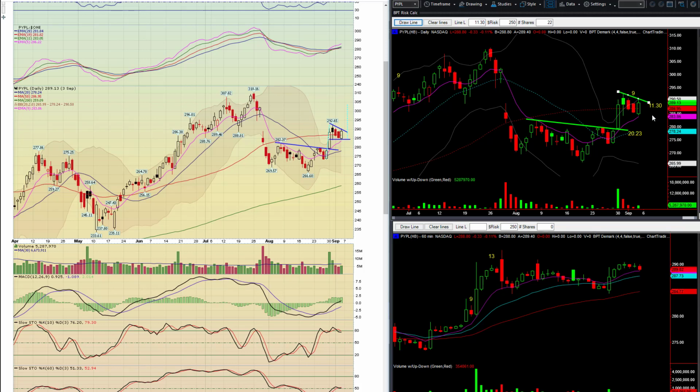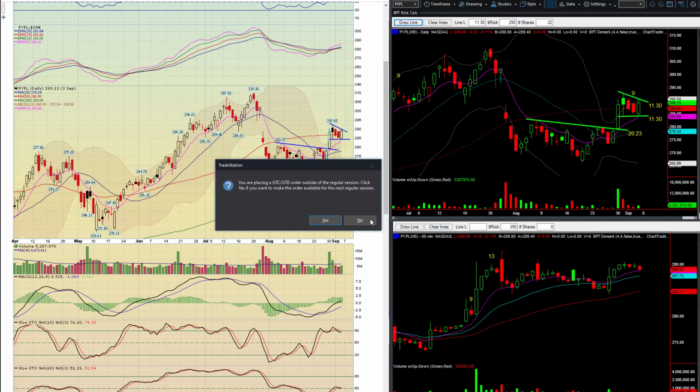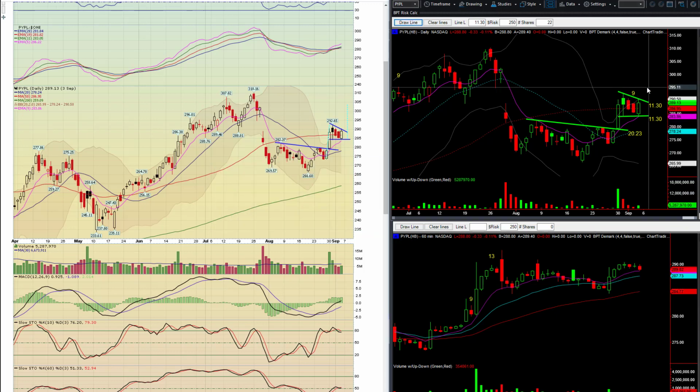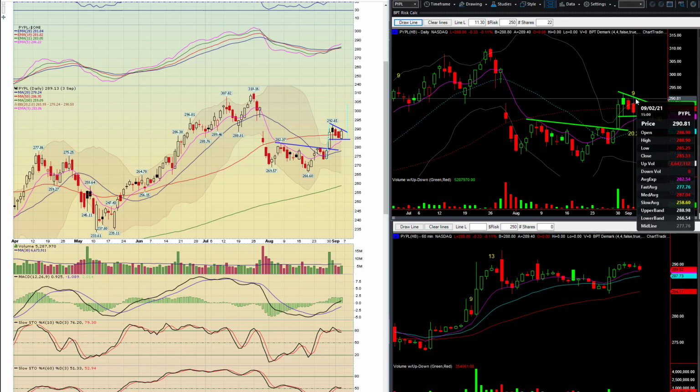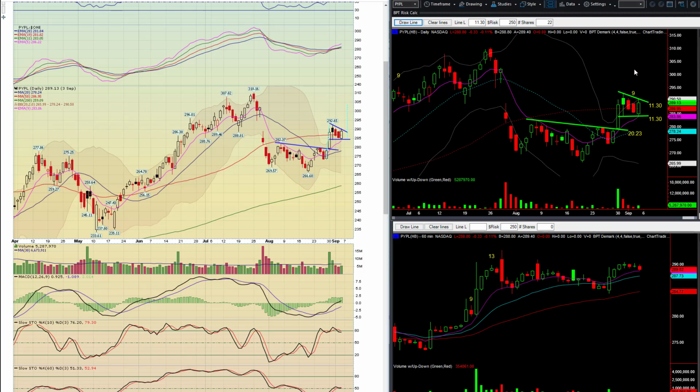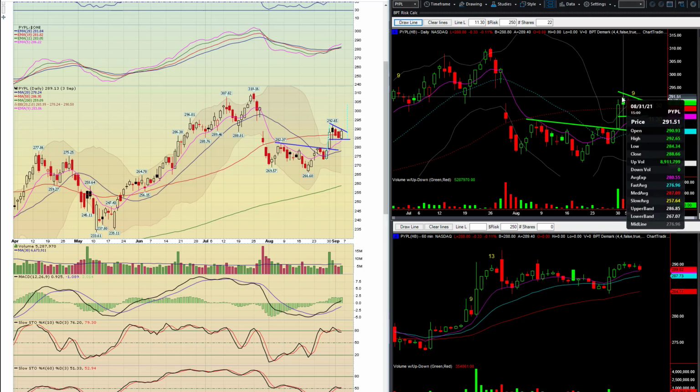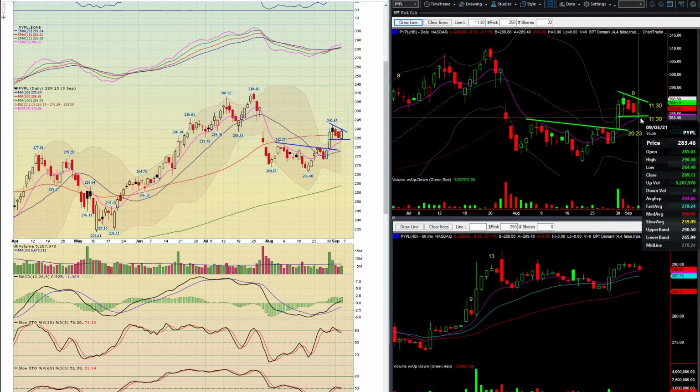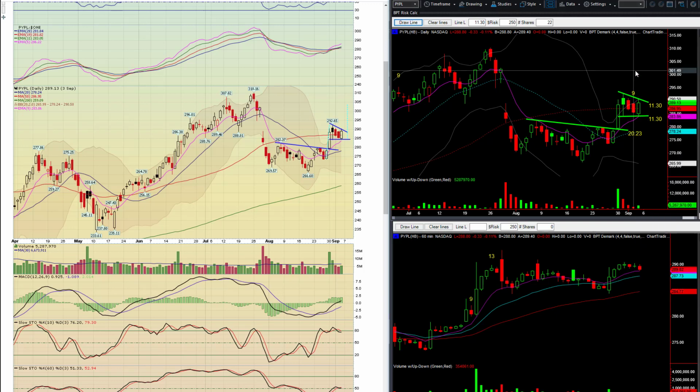Okay. So let's say I want to place the stop. We've got a tight flag here. So let's say I want to go long 1 penny above this high, and I want to put a stop right here. That's already a pretty tight entry.